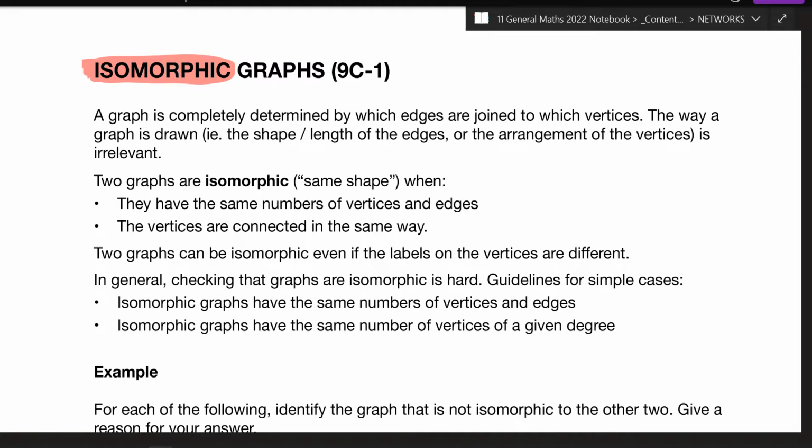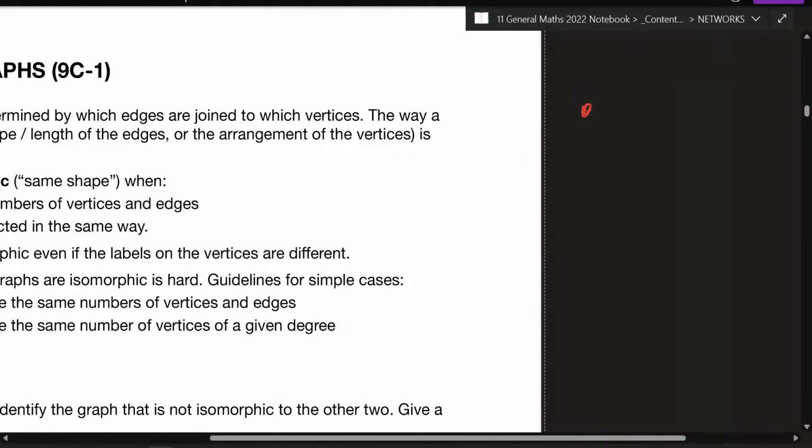According to this, a graph is completely determined by which edges are joined to each vertex. So if you look at a graph, it's determined by what the connections are: how many vertices there might be, how many edges, and what they're connected to. And you all know how they're drawn: you've got your vertices, and then you've got your edges that they're connected to.